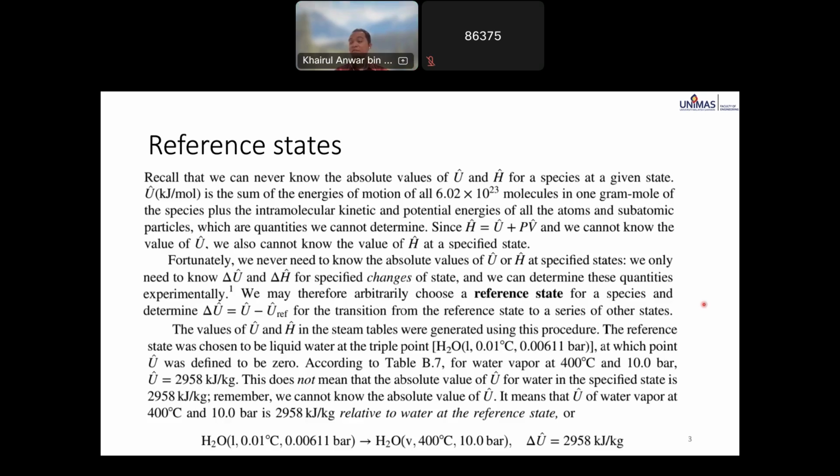So how do you choose the reference state? That one will be covered later. But normally we choose the reference state based on the inlet temperature.